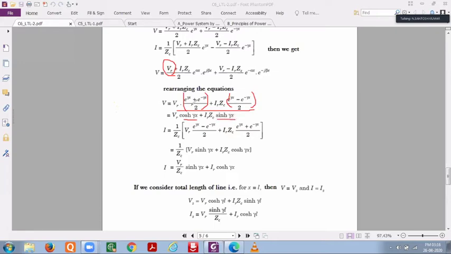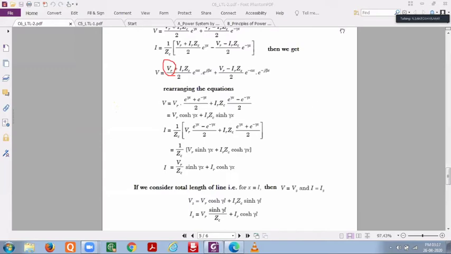Please help me out with this. If it is right, we'll move on. So e power gamma x and e power minus gamma x.